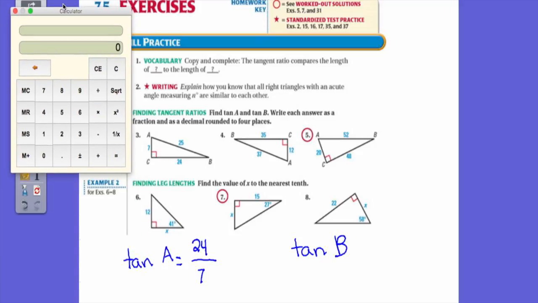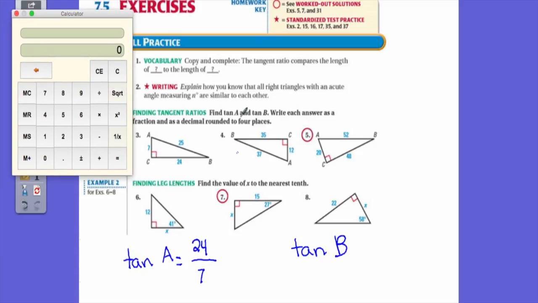No. If I want it as a decimal rounded to 4 places, 24 divided by 7 is 3.4286, correct? Because it's 3.428571. Do you follow what I did there? Rounding it to 4 decimal spaces.